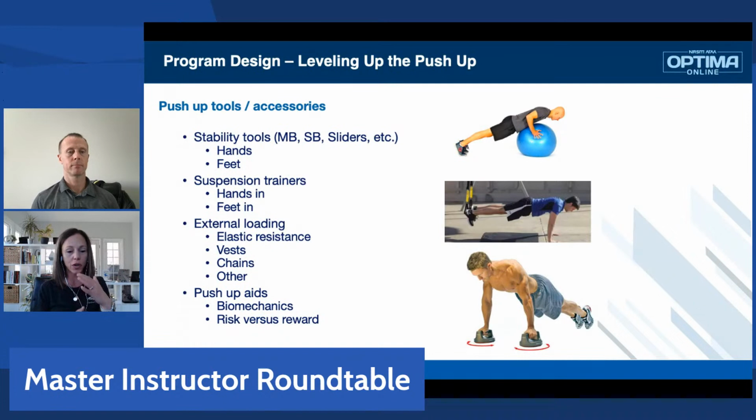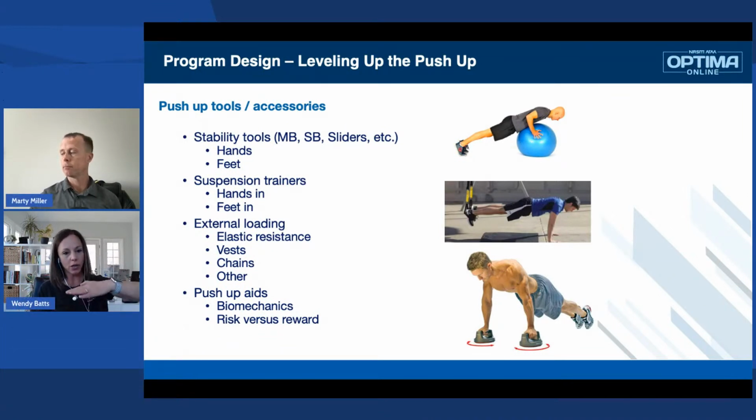And then if you flip over and you put your feet on top of the ball and your hands are on the floor, now you have more gravity, of course. It's almost like doing a decline chest press. You're just in different positions, still targeting the same prime mover, but you are definitely going to incorporate different stabilizers throughout as well.